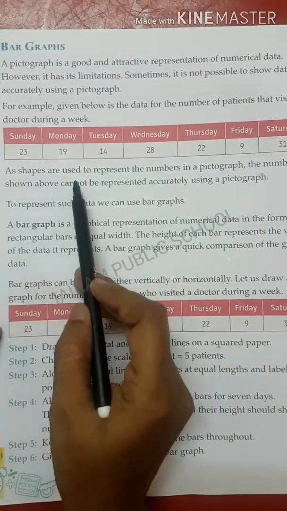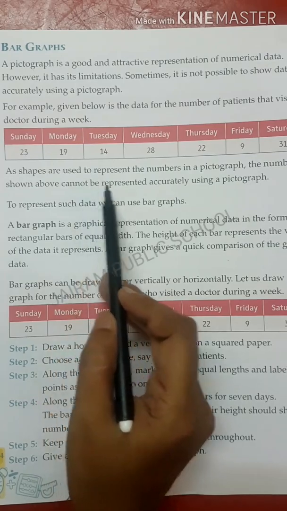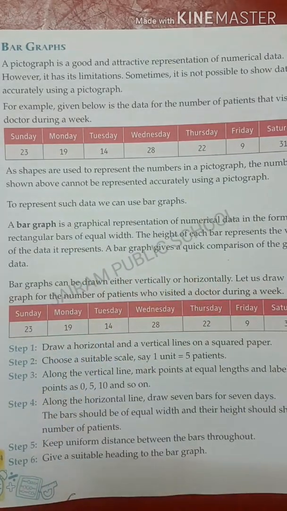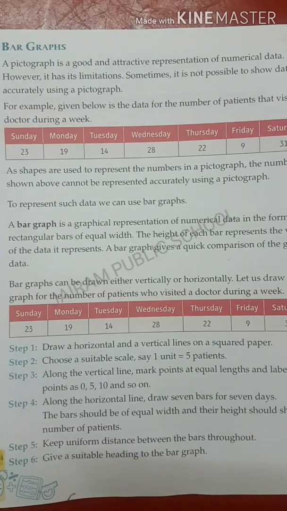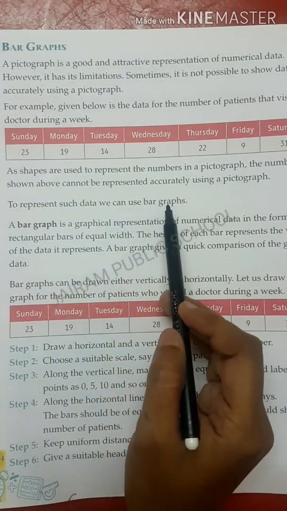As shapes are used to represent the numbers in a pictograph, the numbers shown above cannot be represented accurately using a pictograph. Can you understand? Yes, because we are representing pictures in the pictograph. But here we are going to represent the bar graph using vertical and horizontal lines, and we are going to give the accurate values using the bar graphs. To represent such data, we can use bar graphs.